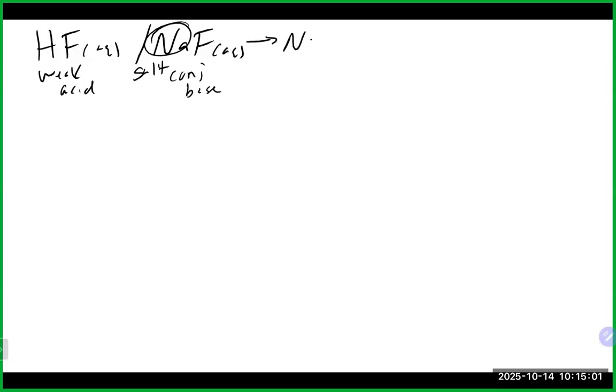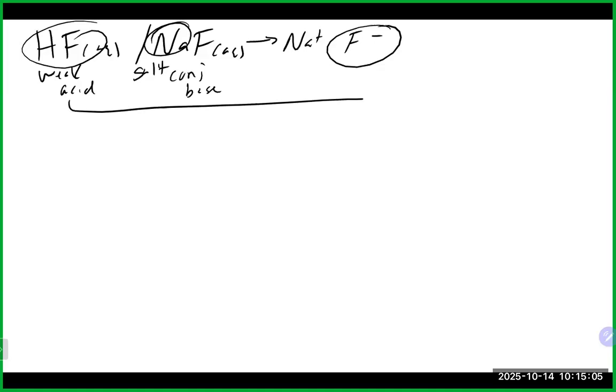It is really this guy and this guy that are our buffer in this case, right? It is basically that F minus. Again, the difference there is our one H plus difference between HF and F minus. Our Bronsted-Lowry difference allows it to be a buffer, as they are related to each other in this case. So it's basically our weak acid and our conjugate base.